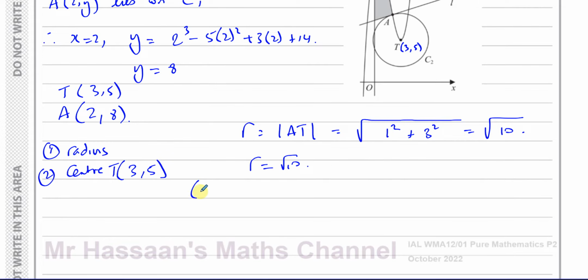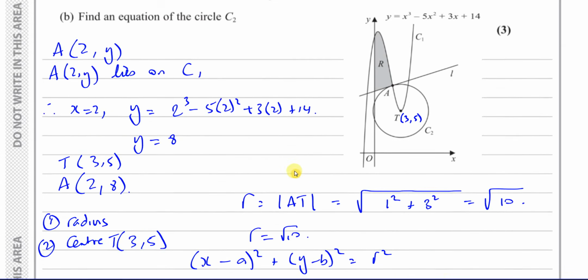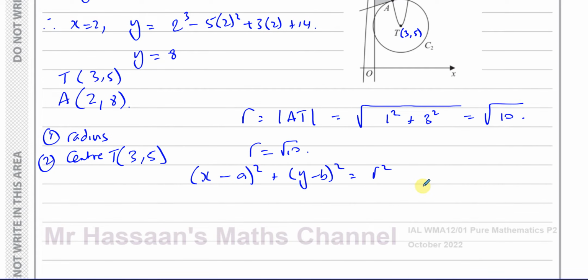And we know the formula for the equation of a circle is x minus a squared plus y minus b squared equals r squared. That's the form. A and B is the center, and r is the radius. So here we have all of that. A is the x coordinate of the center, which is 3.